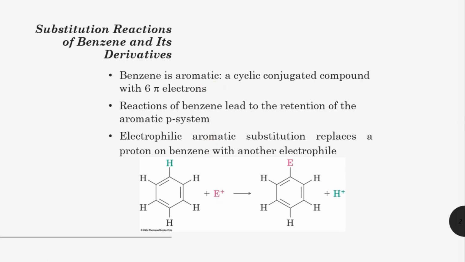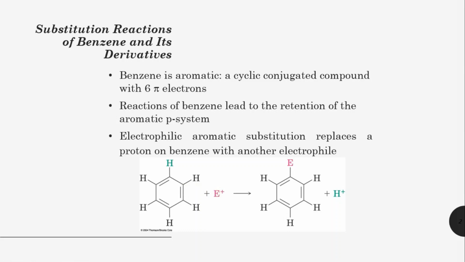Benzene is rich in electrons, and there is a high density of electrons, so it acts as a nucleophile. I mean the nucleophile goes to attack the electrophile, rather than the electrophile coming to attack the nucleophile.